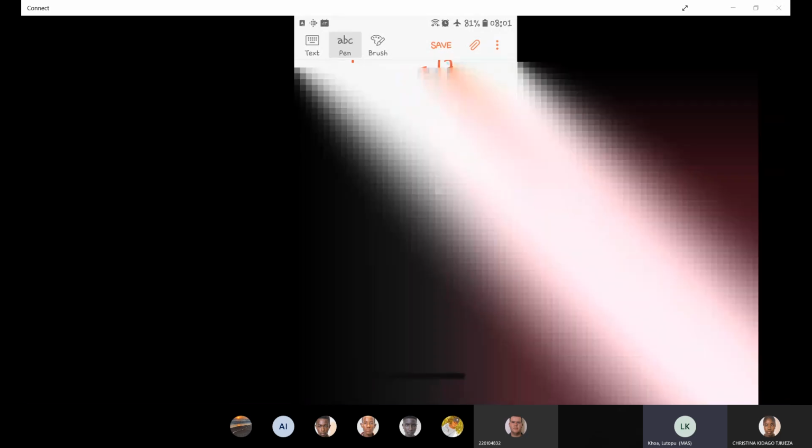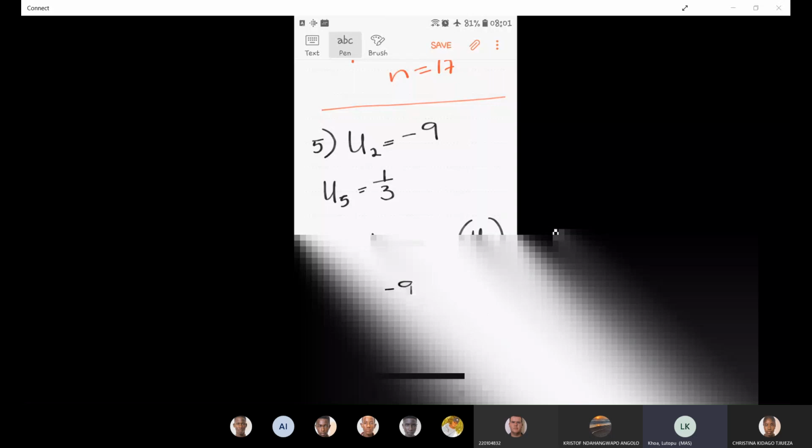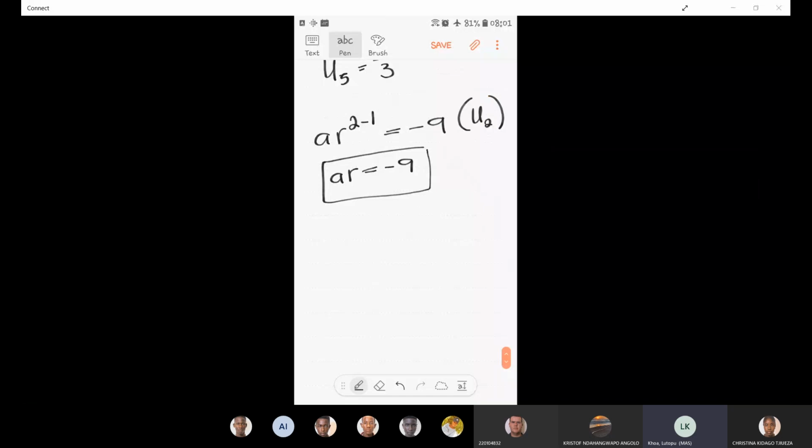We know that A R to the power of 2 minus 1 is equal to -9. This is the formula for the second term. Rewriting this, AR is equal to -9. This is the first equation that I have.